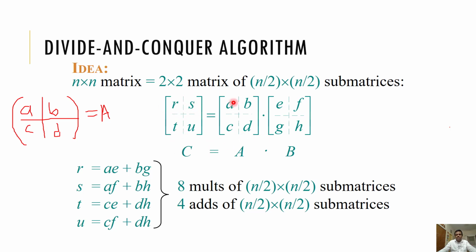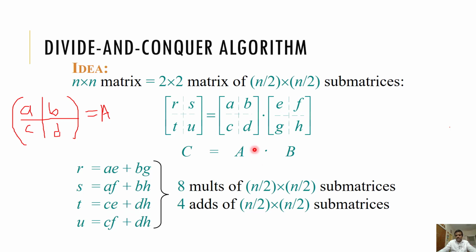Now what is the formula? This sub matrix will multiply with this plus this and this. So R is basically AE plus BG, and S is basically this into this, so AF plus BH. T is nothing but C and D multiplied with this, so CE plus DG.